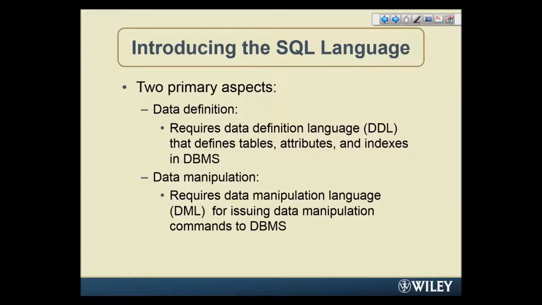We also update data or a record using data manipulation language. We insert new records into that table or object, and we delete those records or data elements using data manipulation language.